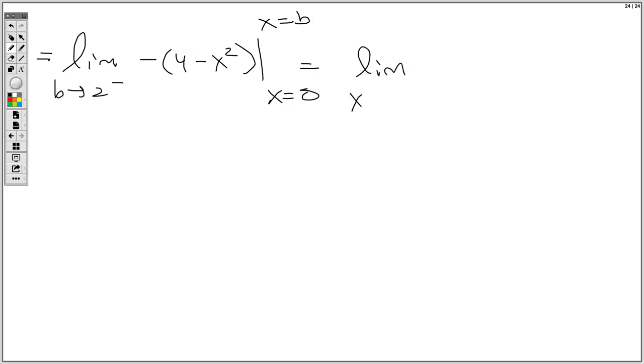So this is negative 4 minus b squared to the 1/2 power minus negative 4 minus 0 squared to the 1/2 power.